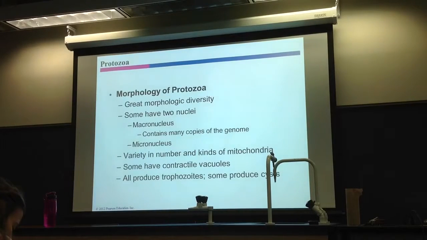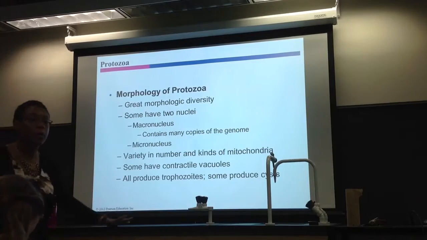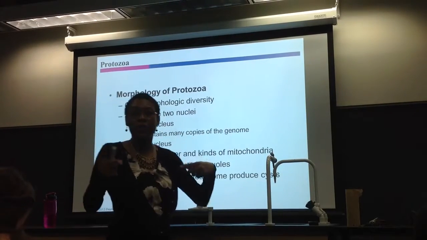It's called the macronucleus because it's big. The micronucleus is smaller, and usually it is used for things like genetic recombination. Also, some protozoans can do sexual reproduction in the form of conjugation, which I'll talk about.